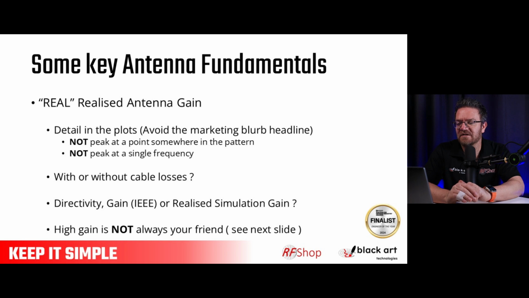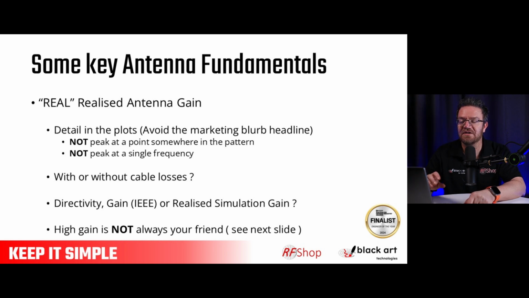What we also see is directivity gain according to the IEEE, and realized simulation gain. There's three different selections you could show. It shows the same pattern, but it is a different number. And it could be significantly different because the directivity would be the absolute max because of the pattern only.